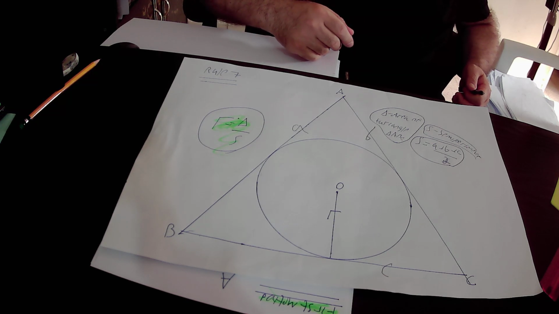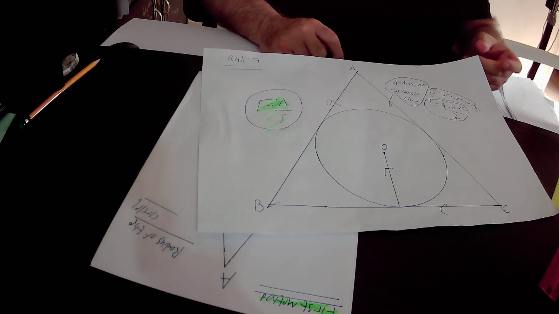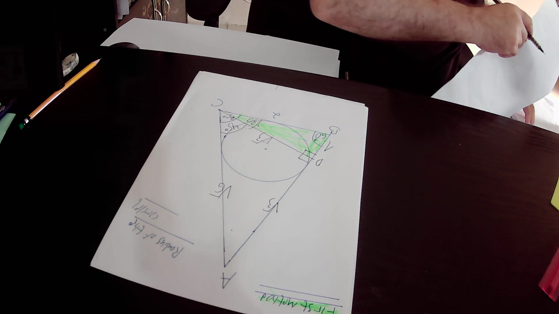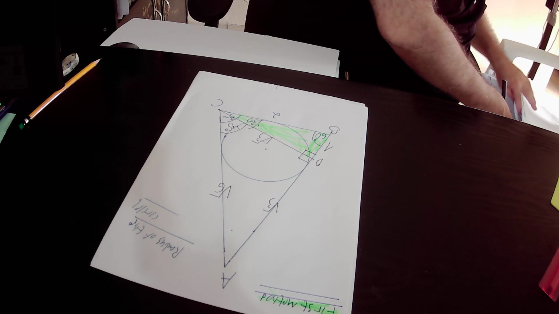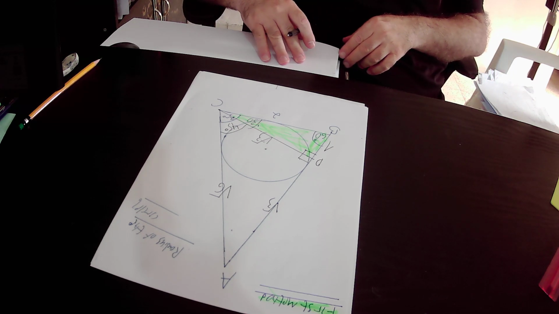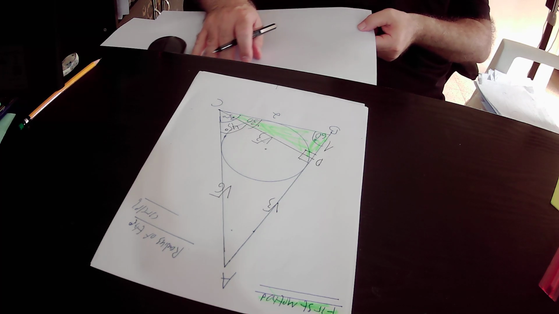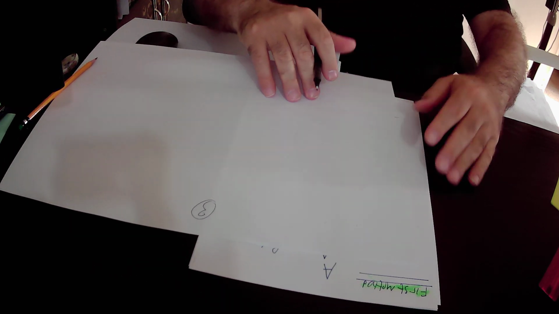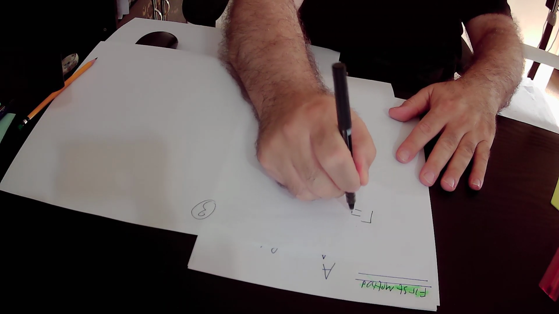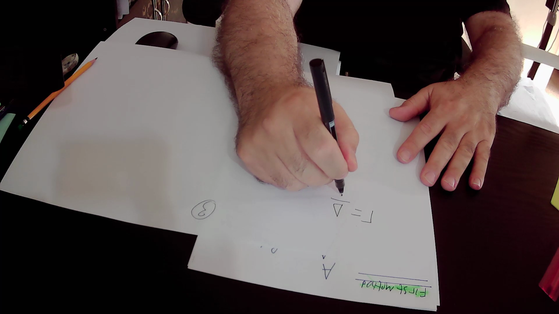We can implement rule number 7 in our drawing. According to the new formula, the radius R of this circle that is inscribed by triangle ABC will be equal to the area of triangle ABC over the semi-perimeter of triangle ABC.